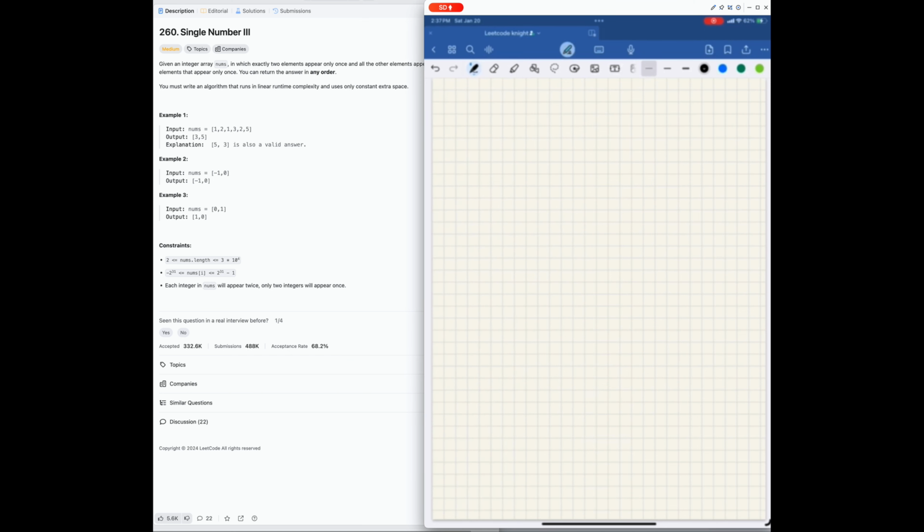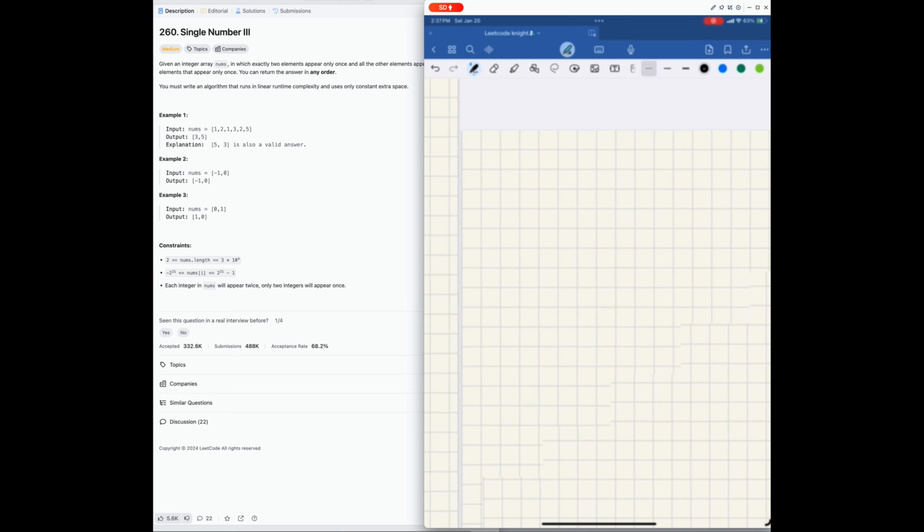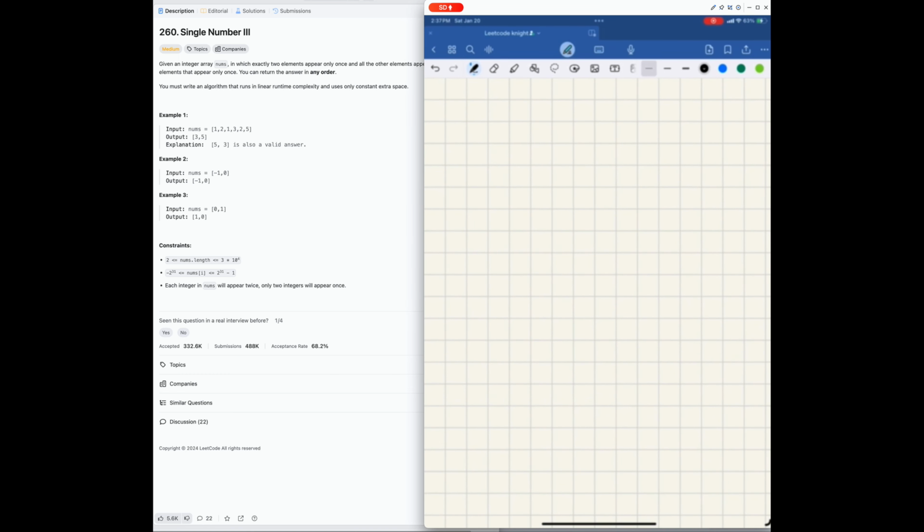It means that now when we XOR all the numbers, we end up with a variable that is the XOR of the two numbers that appear only once, right? So let's take, for example, the numbers in this array: 1, 2, 1, 3, 2, 5.